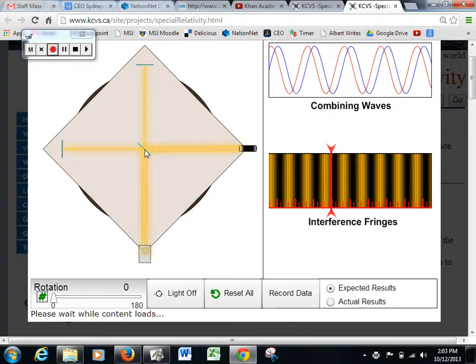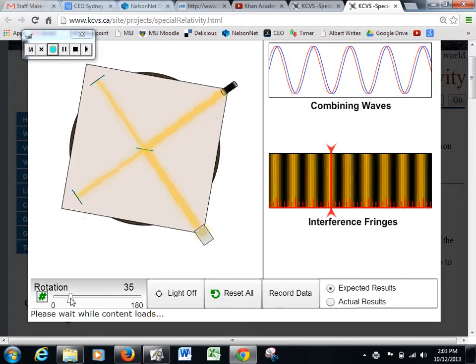And before I start doing anything with the applet, I want to point out that I've clicked on the expected results down here. So this is what we are expected to see under Michaelson and Morley's belief of the existence of the ether wind. So we start to rotate this device now by 360 degrees.